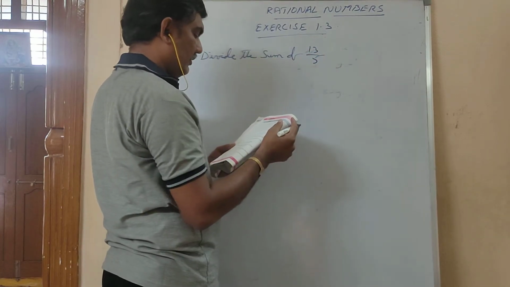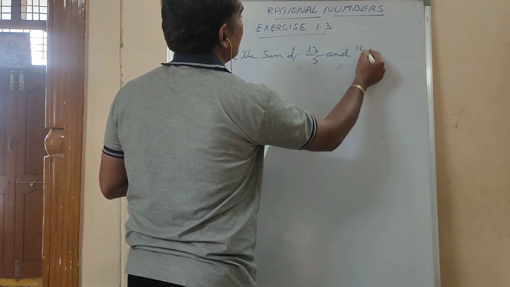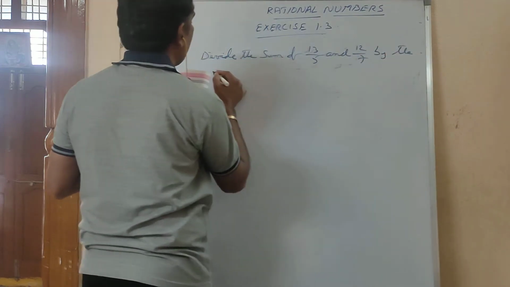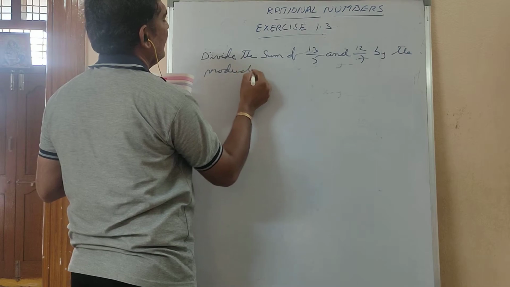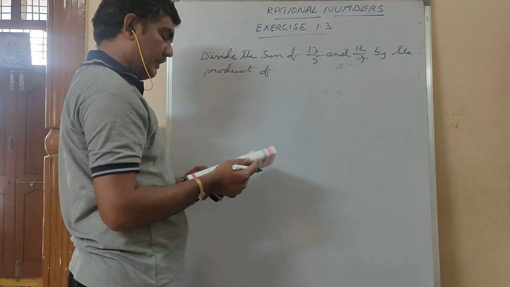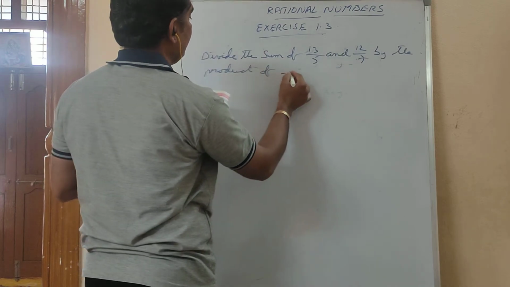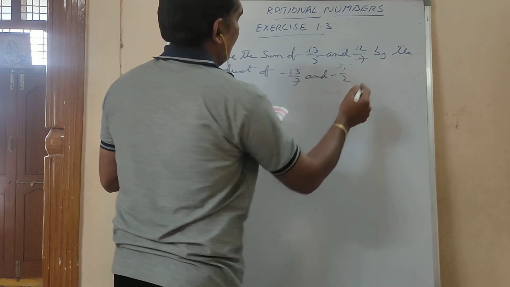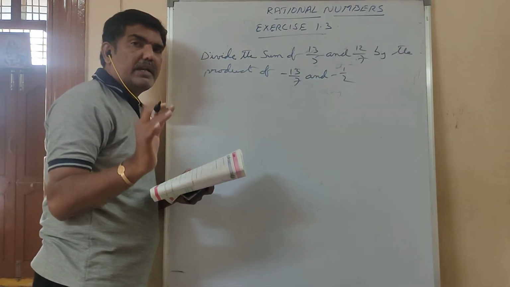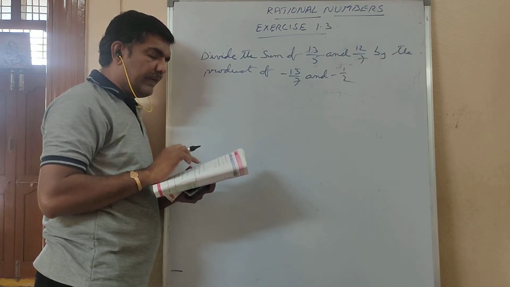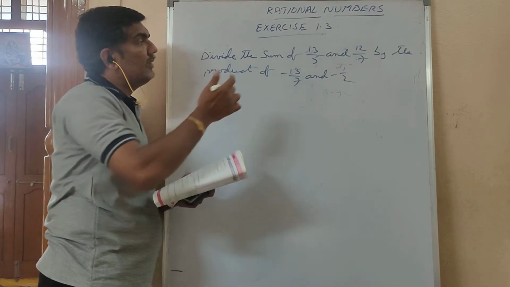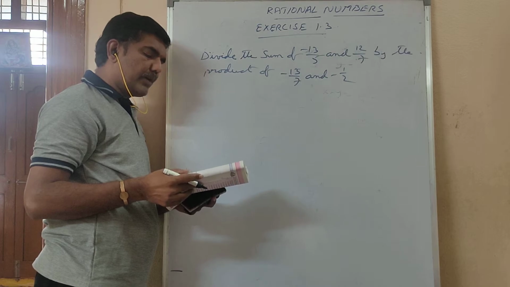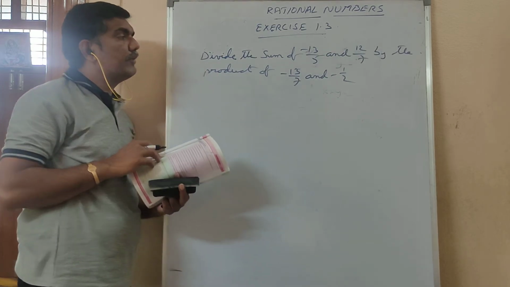Divide the sum of minus 13 by 5 and 12 by 7 by the product of minus 13 by 7 and minus 1 by 2. Read the question carefully.